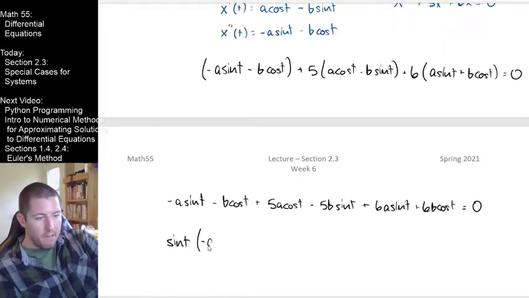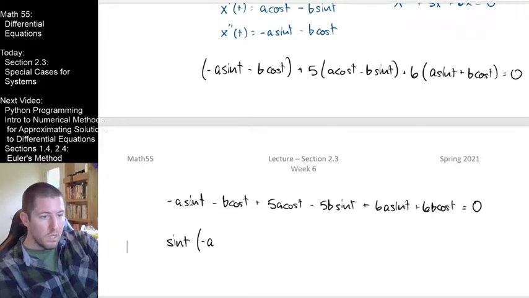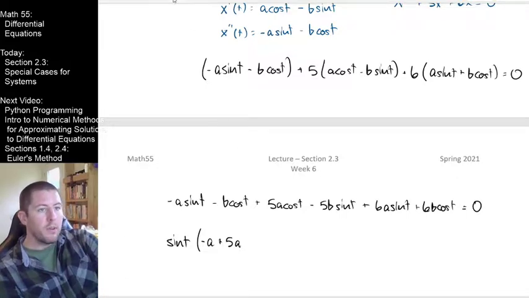Well, I have negative a sine stuff here, I have negative 5b sine right there, and I have plus 6a sine there.